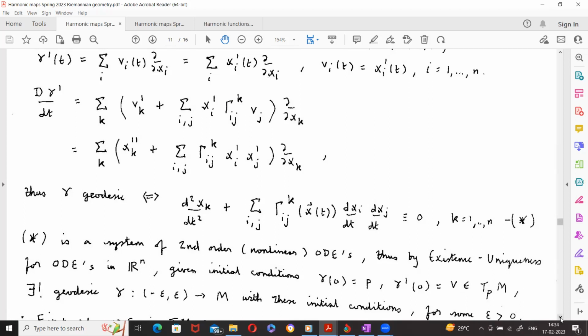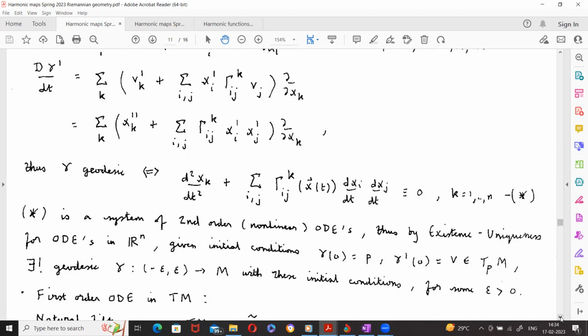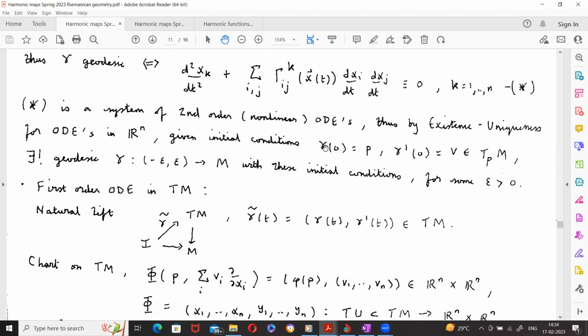So that means, therefore, given any initial condition gamma(0) equal to p and gamma prime(0) equal to some v in T_pM, there exists a unique geodesic gamma on an interval minus epsilon to epsilon with these initial conditions, gamma(0) equal to p and gamma prime(0) equal to v, for some epsilon positive.